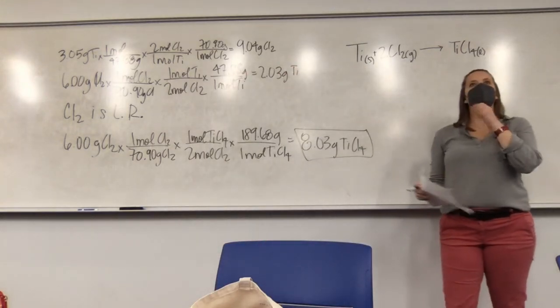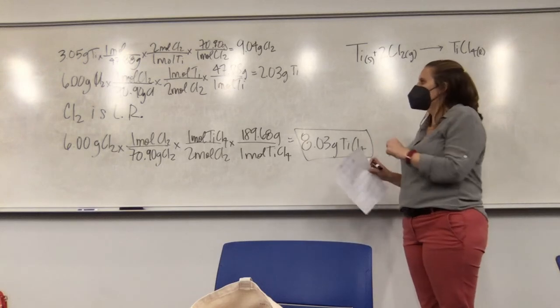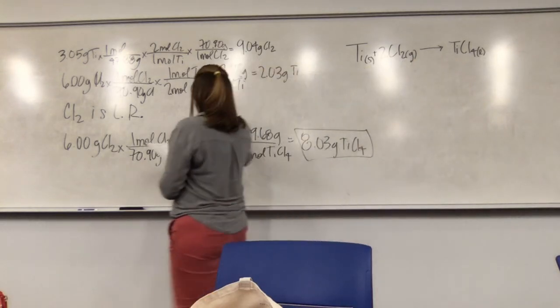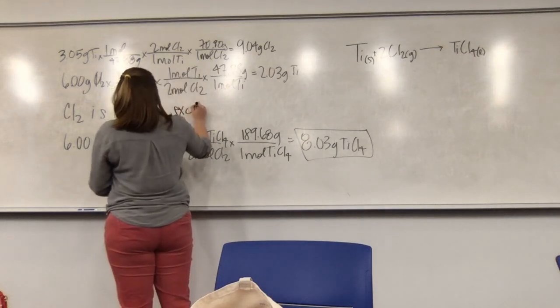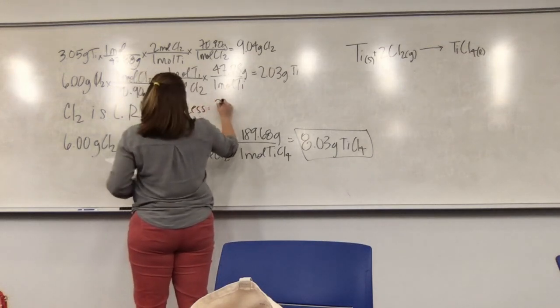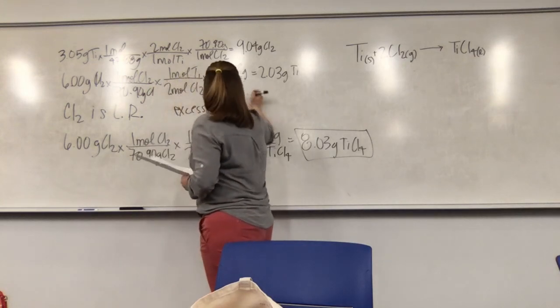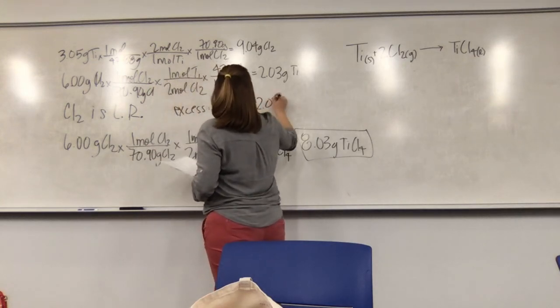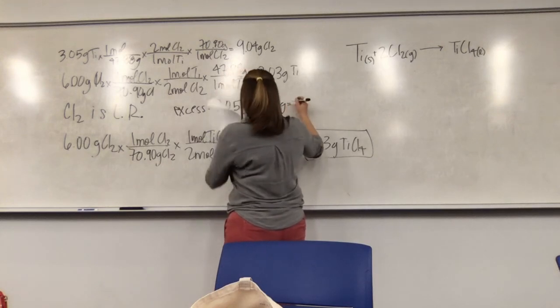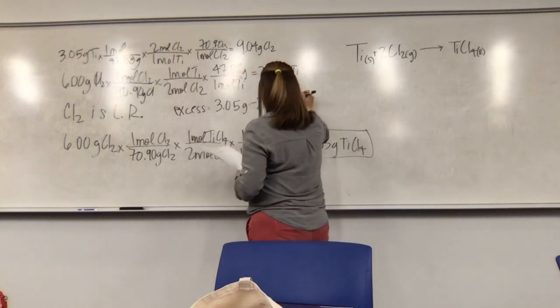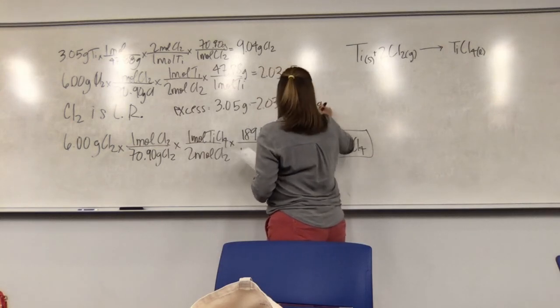So, how much titanium is left? We're going to subtract what we started with, which is 3.05 grams. Nope, not plussing. Minus 2.03 grams. And that's going to give you 1.02 grams of titanium.